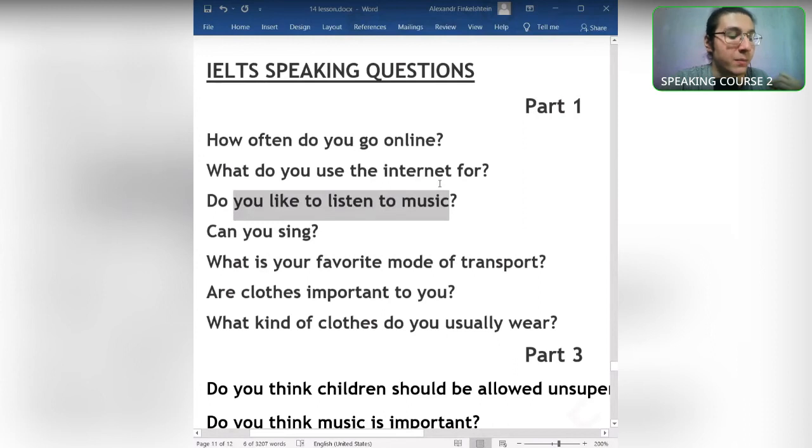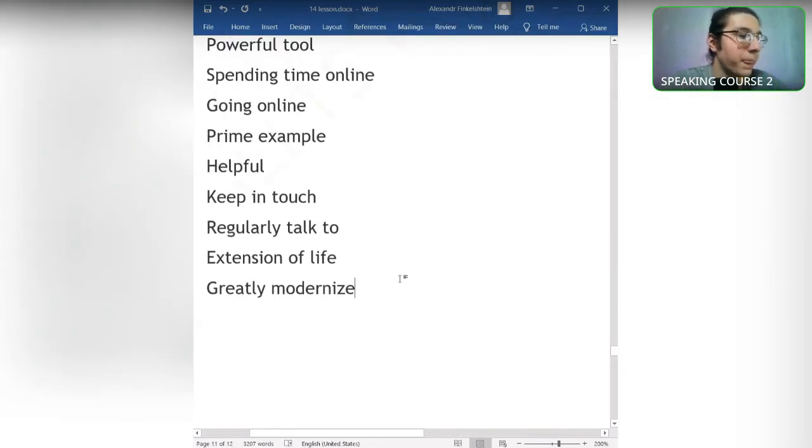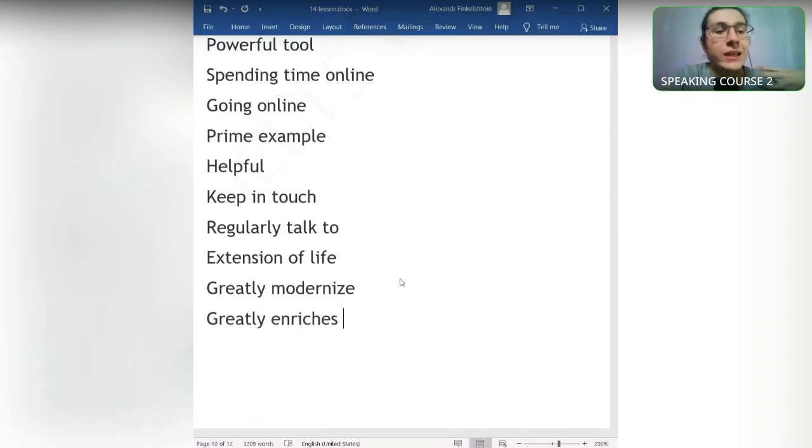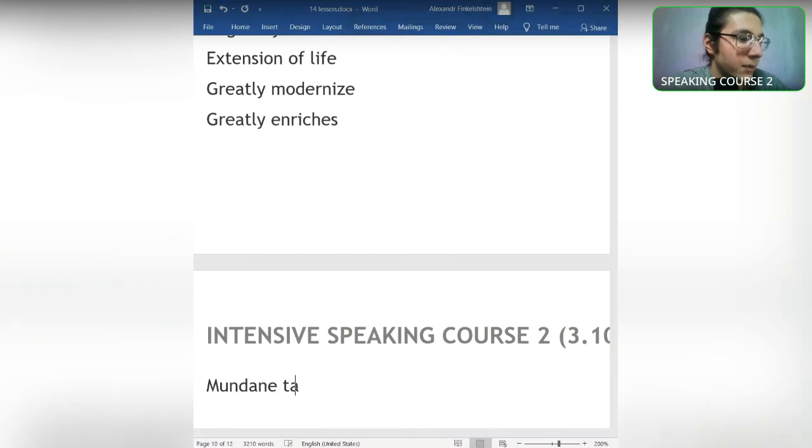And I feel like music greatly enriches, I'm going to write that down, one second, greatly enriches my daily experience, because while I'm doing different mundane tasks, I can make everything a lot more interesting for myself by listening to music.